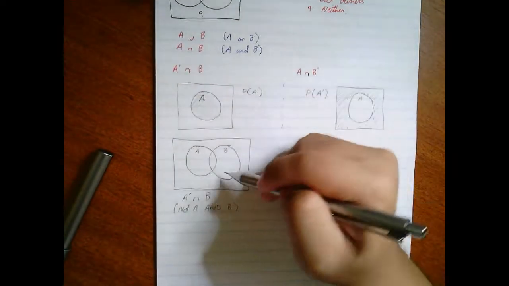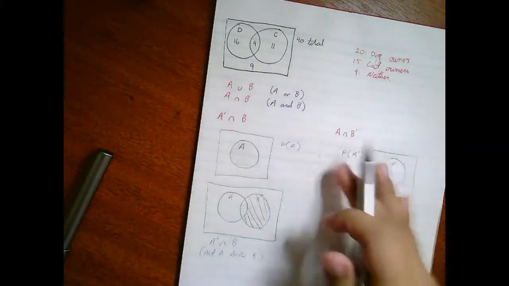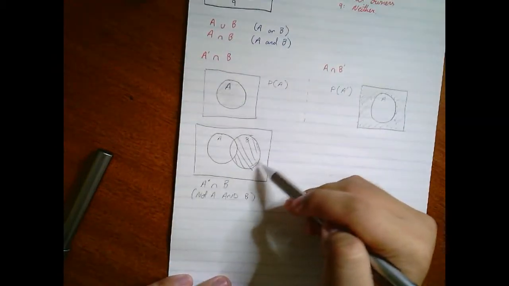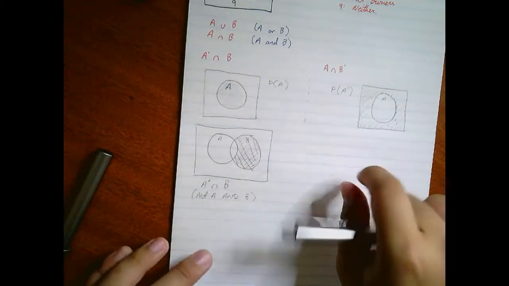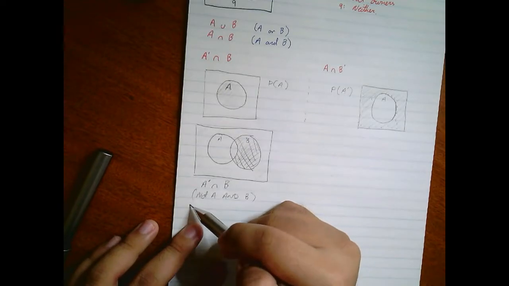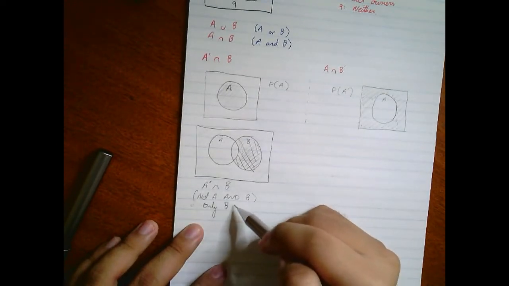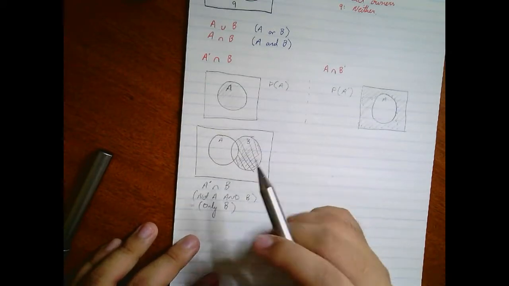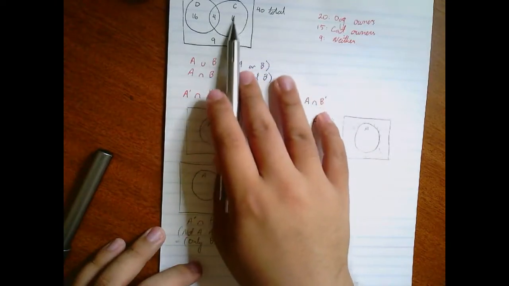It would be that region there, the region that contains only B. So ultimately this could also be interpreted as only B. I know it's a very complicated way to show what we've already graphed up here.